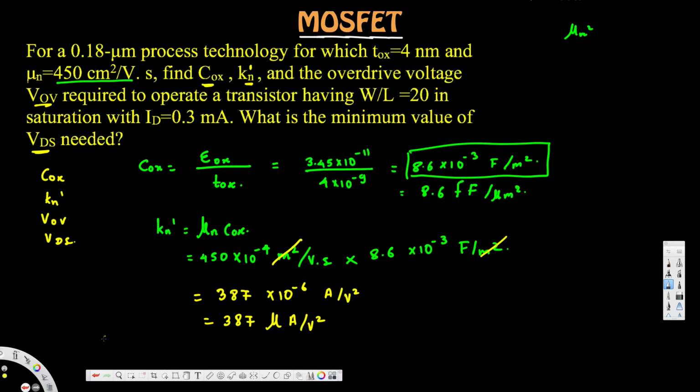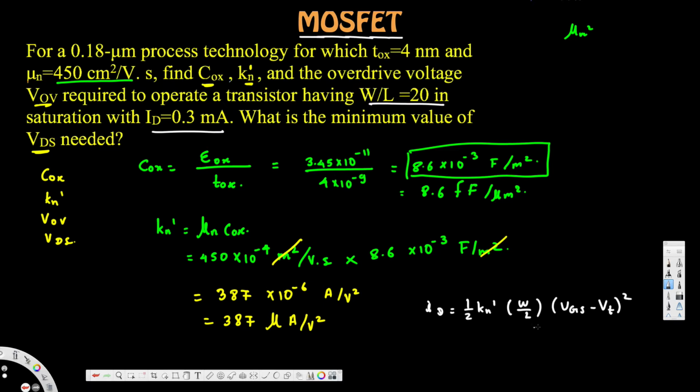Now the next thing is we have to find out the overdrive voltage, that is VOV, and in that situation we have W over L provided, and also we have the drain current. Now we can derive this VOV using the drain current equation, that's given by ID is equal to half Kn prime times W over L times VGS minus VT whole square.